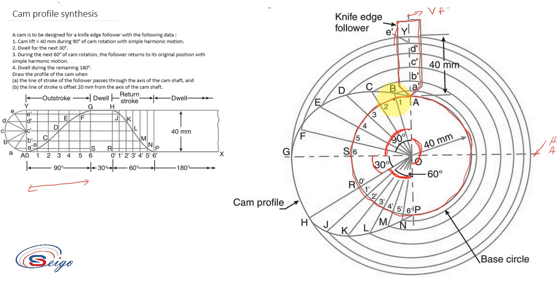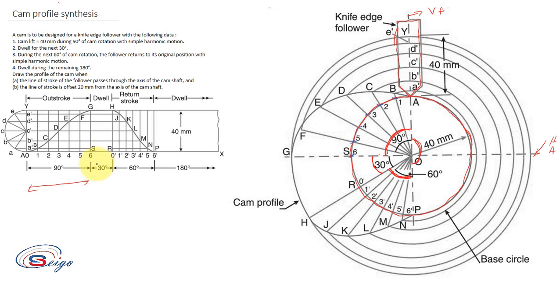Now I am going to mark 1, 2, 3, 4, 5 and 6. After that there is a dwell period.